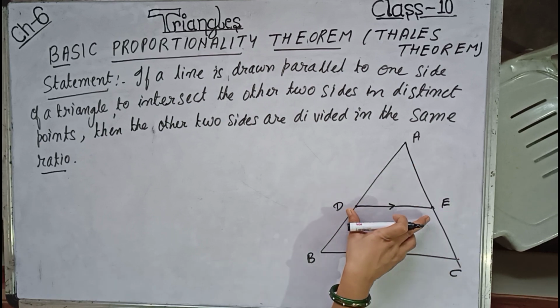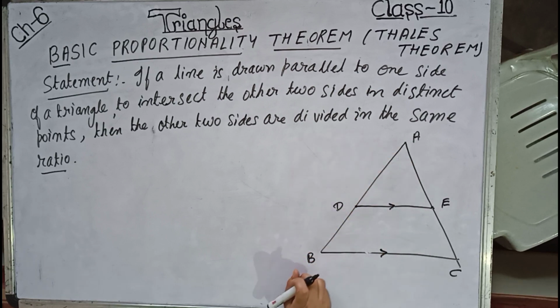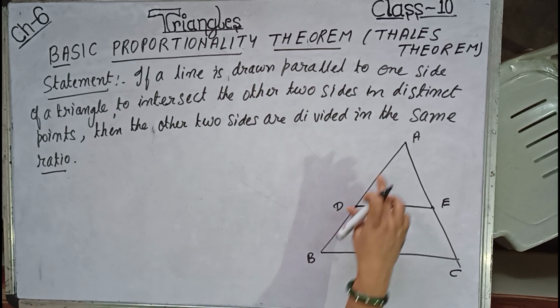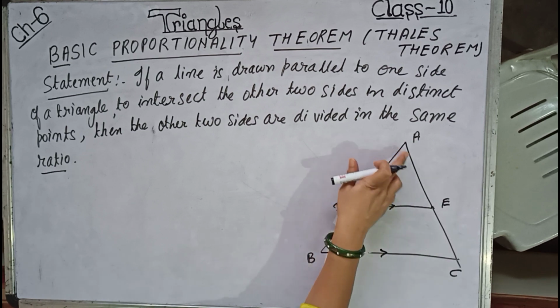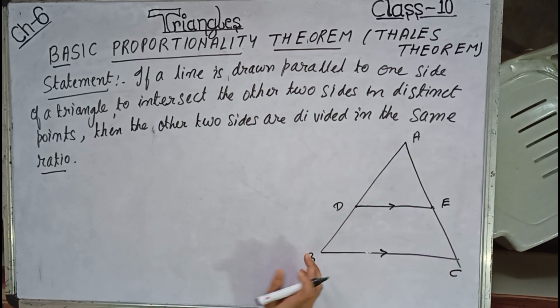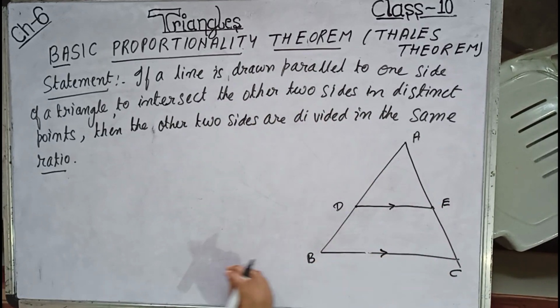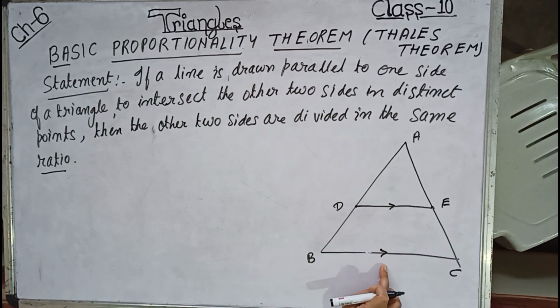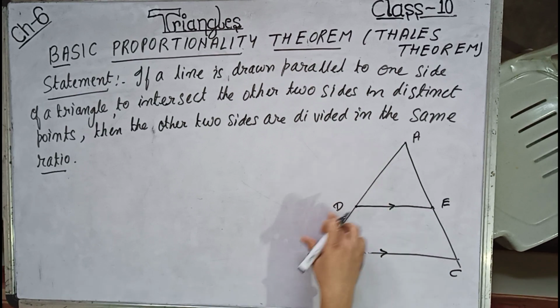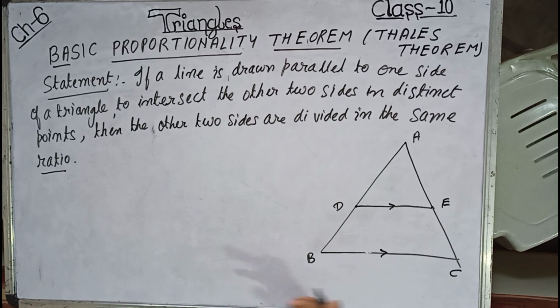Then this line divides the other two sides in the same ratio, that is AD by DB equals AE by EC. Simply, without these statements, in a triangle ABC, if DE is parallel to BC, then AD by DB equals AE by EC, and this is the Thales theorem.